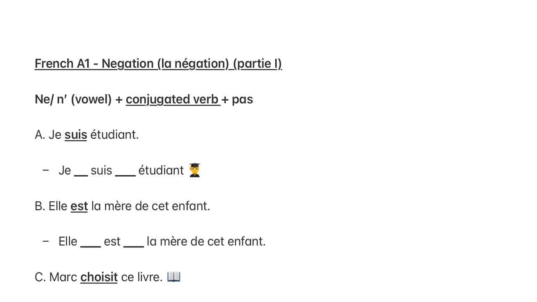So, to make this sentence negative, we add ne before the conjugated verb and pas after the conjugated verb. So our sentence will be Je ne suis pas étudiant, which means I'm not a student.